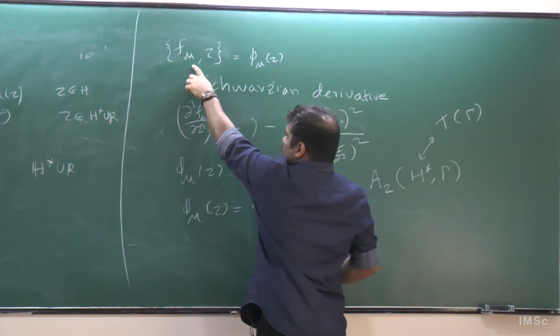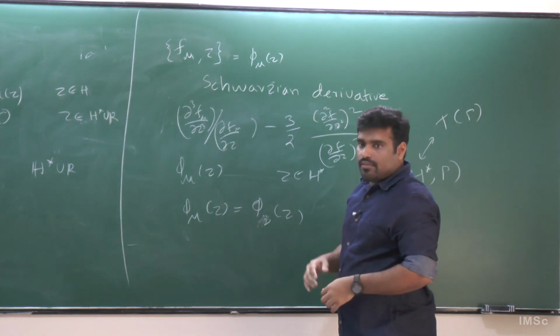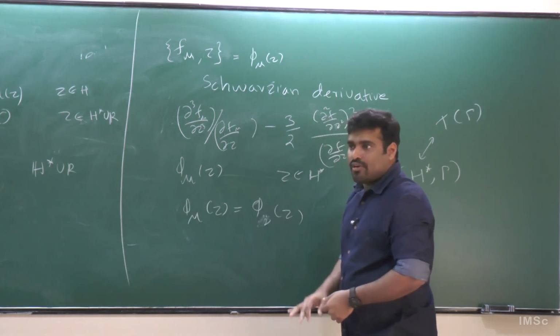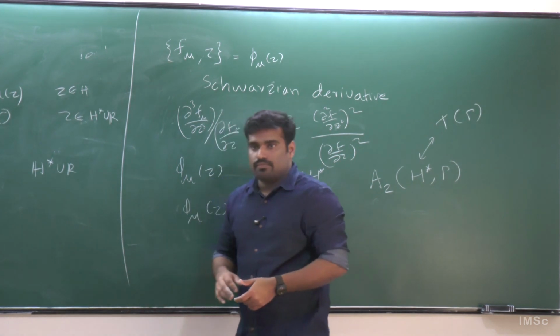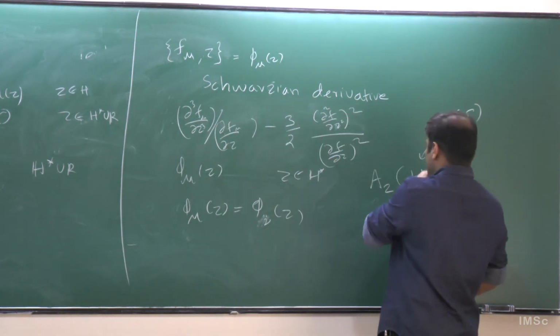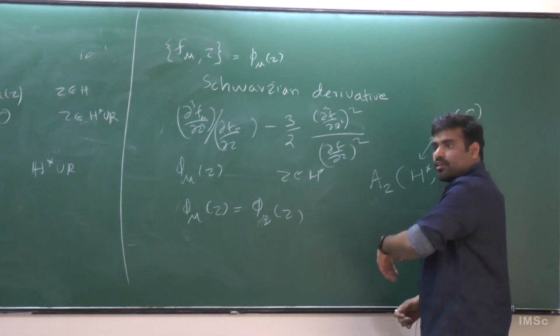Whenever this is a Mobius transformation, the Schwarzian derivative is 0. So you are not introducing any inequivalence because of the symmetries of the complex plane. That means you are identifying Teichmuller space with this space of quadratic differentials that you define on the lower half plane.